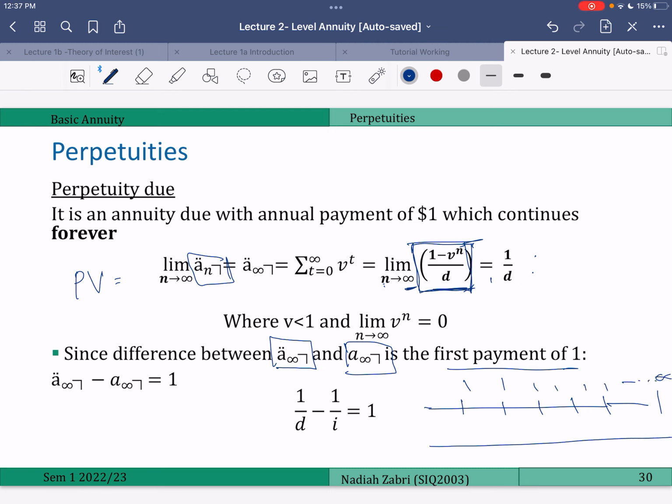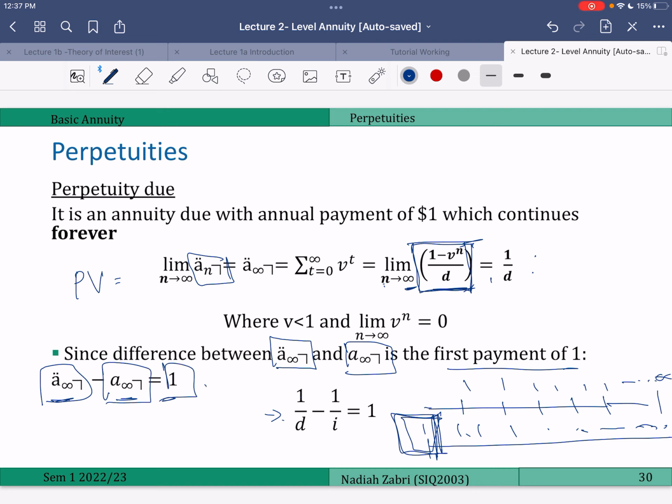But for perpetuity due it is 1, 1, 1, 1, 1, 1, 1 until infinity. So the only difference is this part, right? So perpetuity due minus perpetuity immediate is equal to 1. The difference is 1. So that's why we get this relationship: 1 over d minus 1 over i is equal to 1.